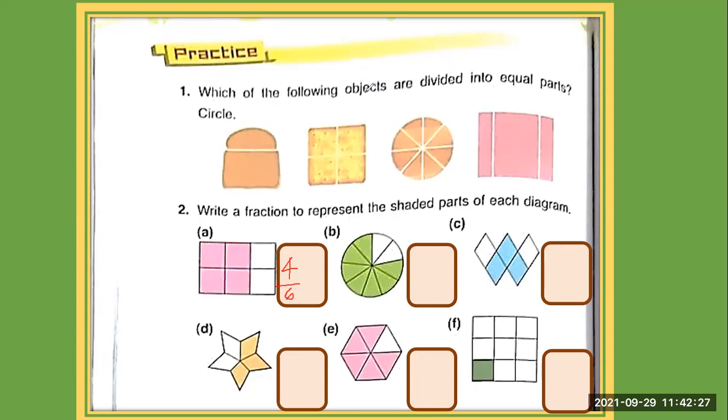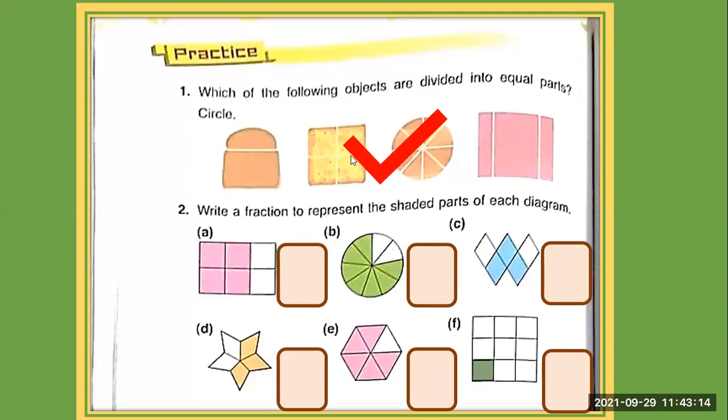Here you count 1, 2, 3, 4, 5, 6, 7, 8, 9. So you can see 9 here as the denominator and 7 is the numerator. Okay, so I hope you are done with this already, and we can proceed to our new topic.